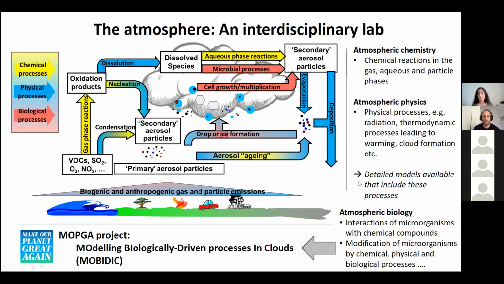However, as compared to atmospheric biology, these models are fairly well constrained. Because atmospheric biology processes are, if at all, very poorly included in models. And that was really the idea for our MOPCA project, for Moby Dick: we take the data that is available and put it into models and see how important individual processes are.